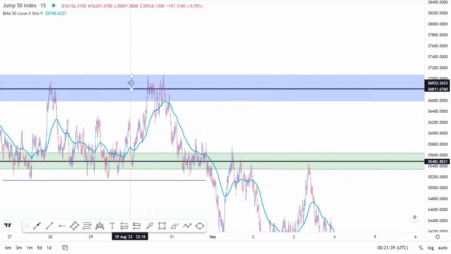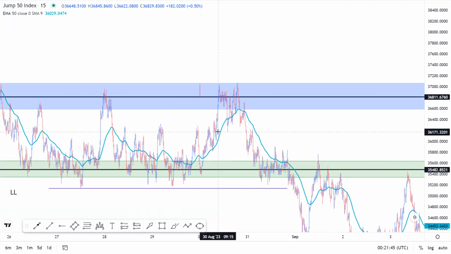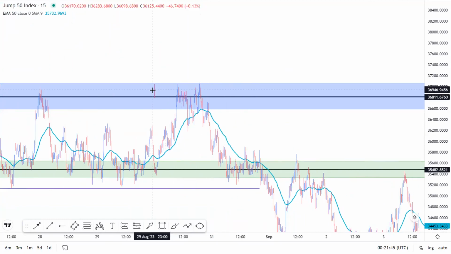Now this is the retest we had identified from the daily time frame previously, right about here.